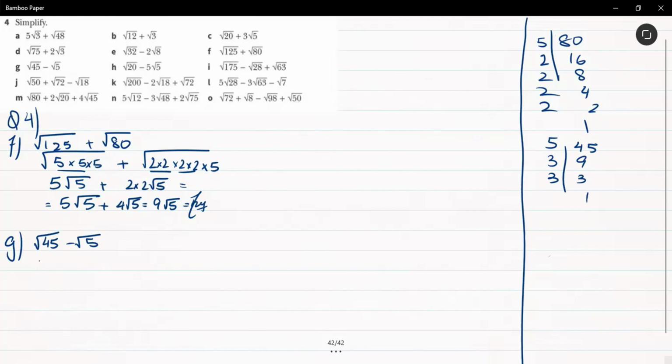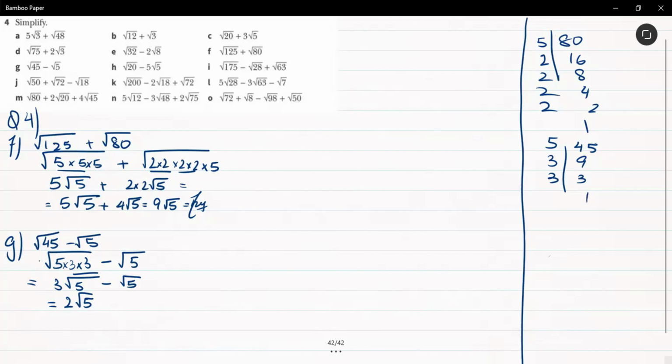So we have √(5 × 3 × 3) − √5. That would simplify to, we have a pair of 3, so we can take that out of the root. And we could get 3√5 − √5. Again, what's 3 minus 1 equal to? It's equal to 2.